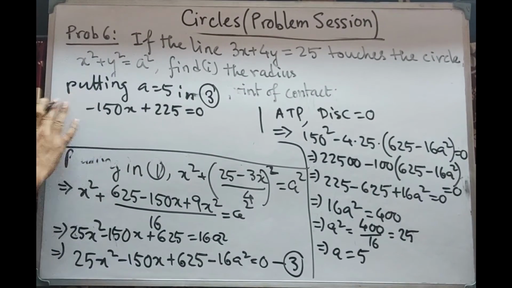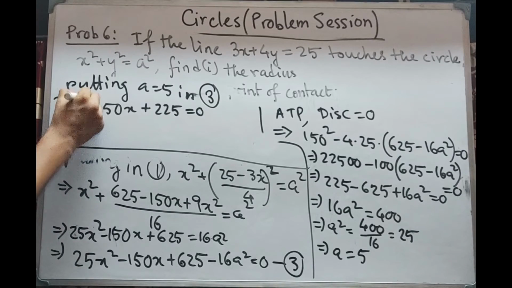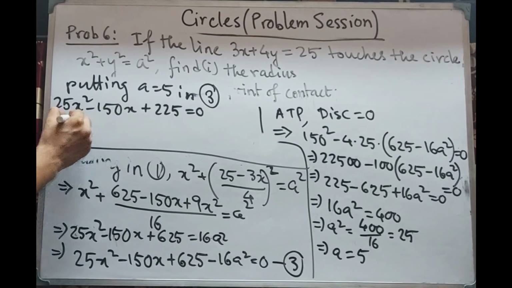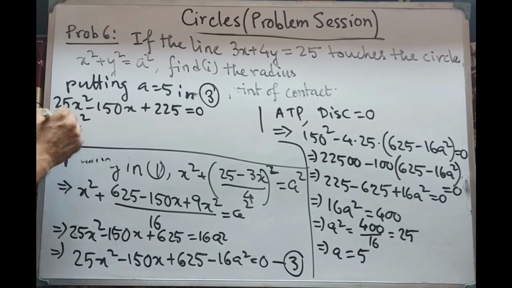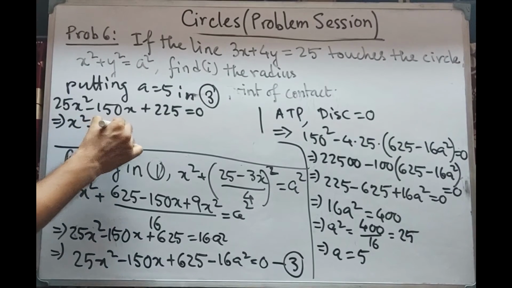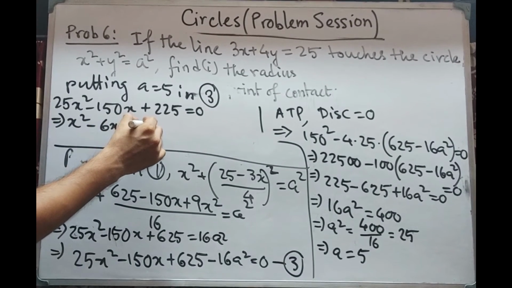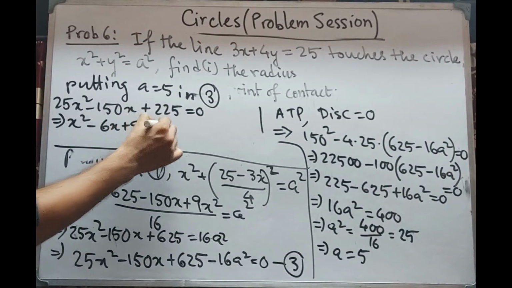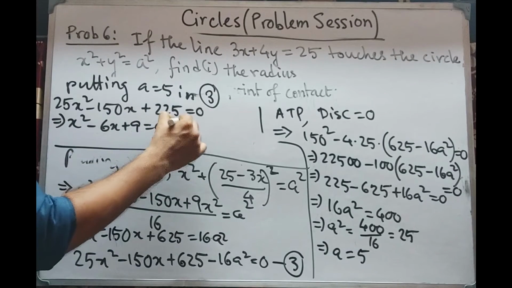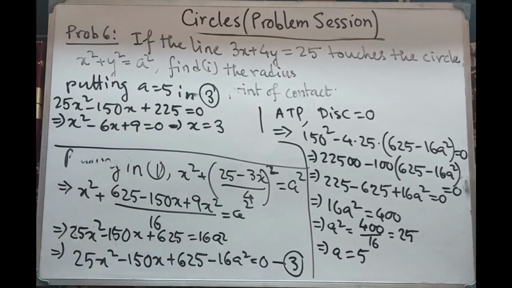Again I'm writing the one thing, it's 25x square. So easily we can cancel out with 25, that means the value of x is 3 because it is (x minus 3) whole square.